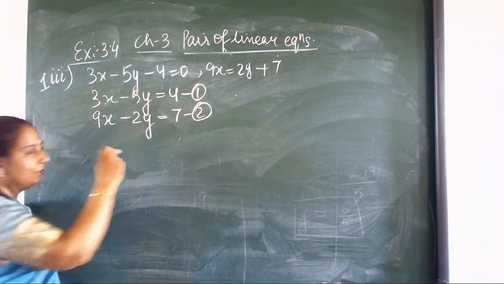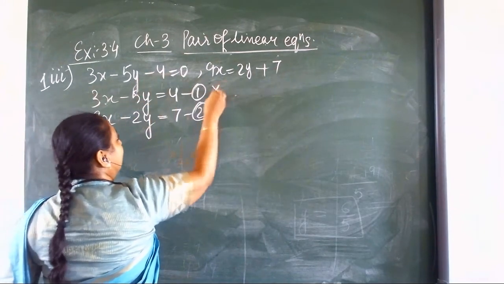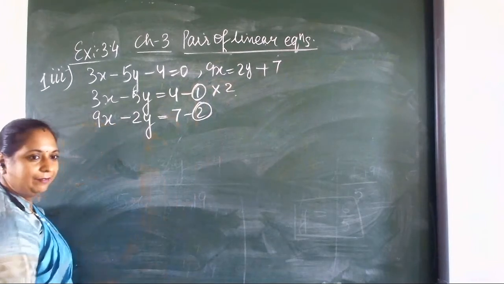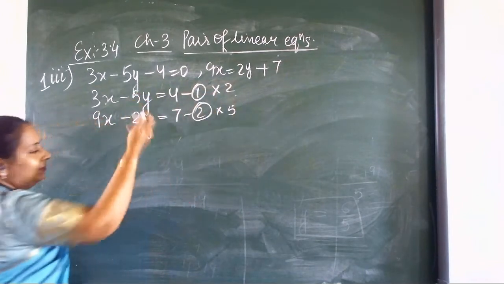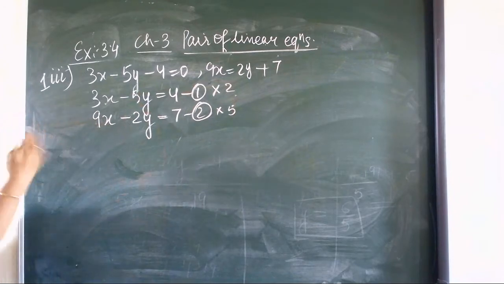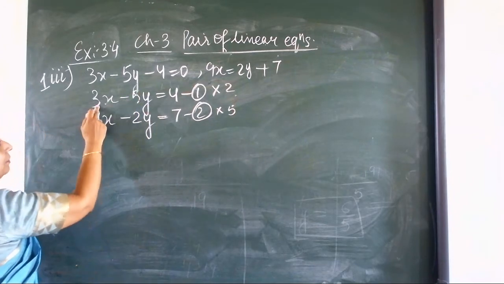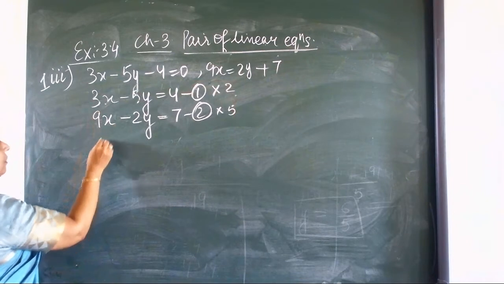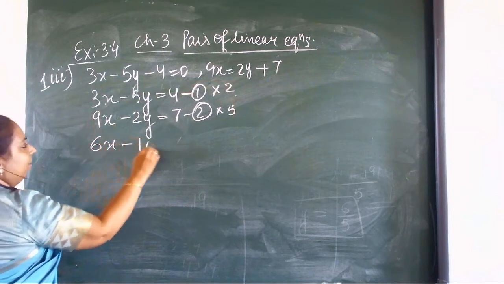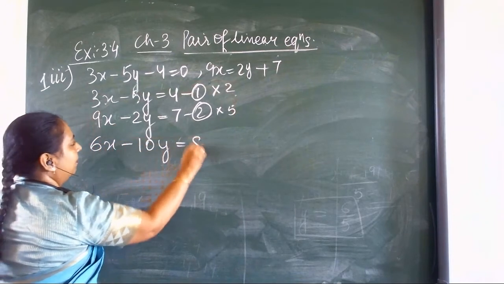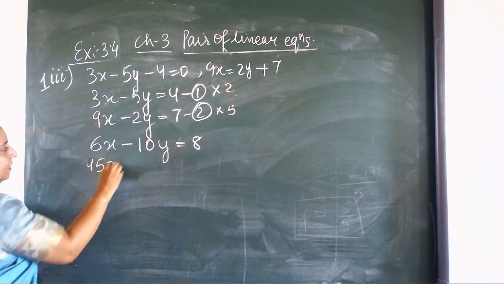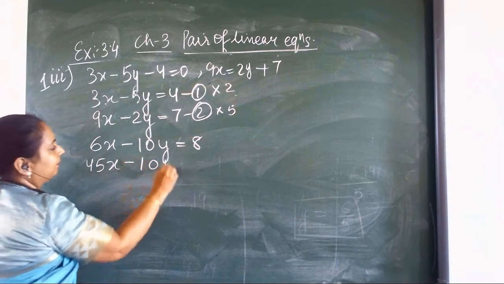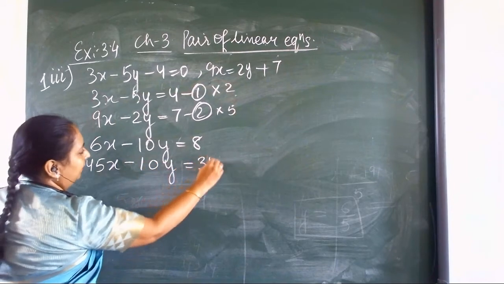How to equate? This first equation is multiplied by 2 and the second equation is multiplied by 5. 5 twos are 10, 2 fives are 10. So first we multiply first equation by 2: 6x minus 10y is equal to 8, and second equation becomes 45x minus 10y is equal to 35.